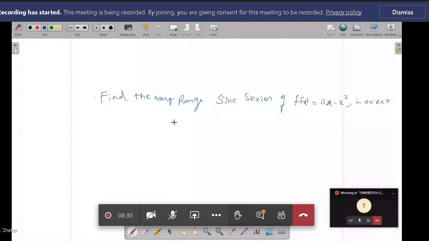So this is another example. So here we need to find a sine series. Okay, so that is half-range sine series.